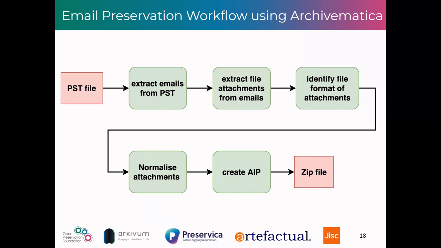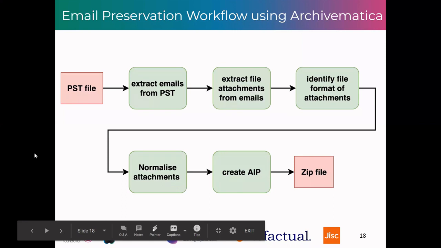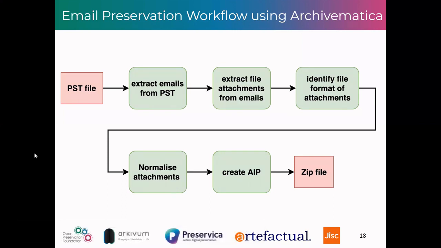Okay, so I'm going to talk through how we're using preservation action registries at Arkivum. At Arkivum, we use Arkivmatica as the digital preservation engine in our Perpetua product. And along with the preservation capabilities that you've just seen from Justin that come from the community release of Arkivmatica, we have some further preservation actions of our own. For example, this is a workflow we've added for the preservation of PST email archives.